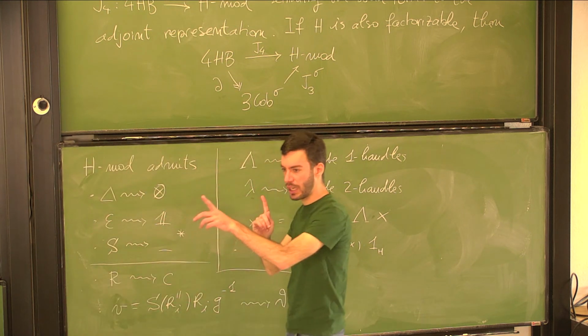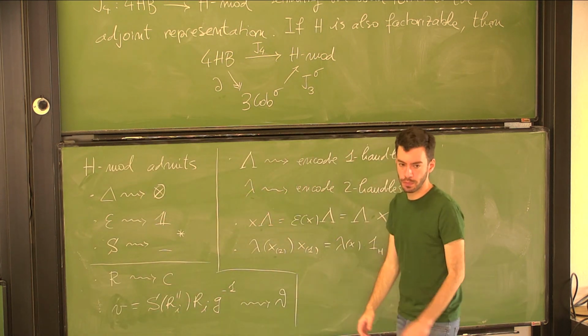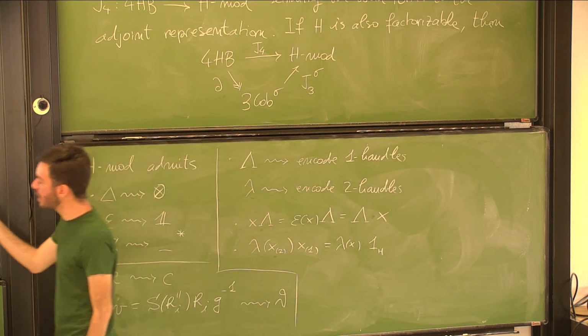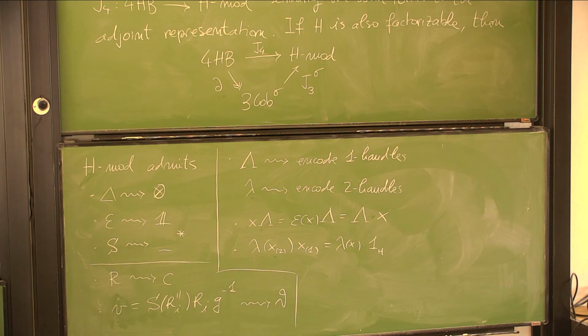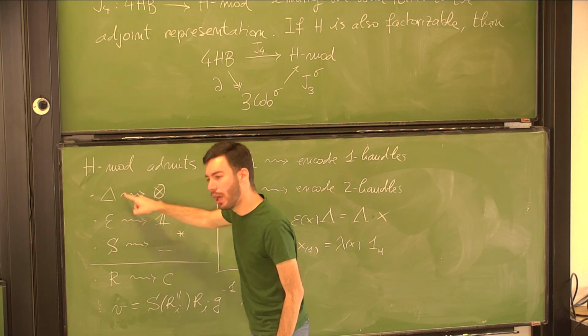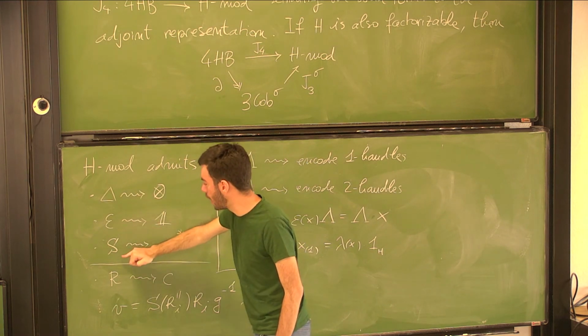So this is kind of the relation between these two notions. We start from a unimodular Hopf algebra, we transmute it. And transmutation means taking the adjoint representation as an object and modifying these two, so coproduct and antipode.